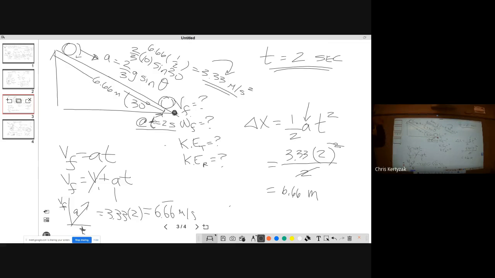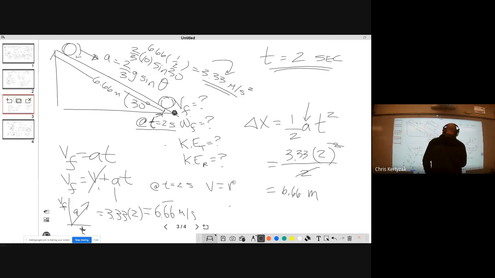Right? Okay, so if we have the speed at the bottom at 2 seconds, how could we get omega at the 2-second mark? Well, what's the link between linear world and rotational world for v and omega and a for alpha? You need to know them. v equals r omega and a equals r alpha.